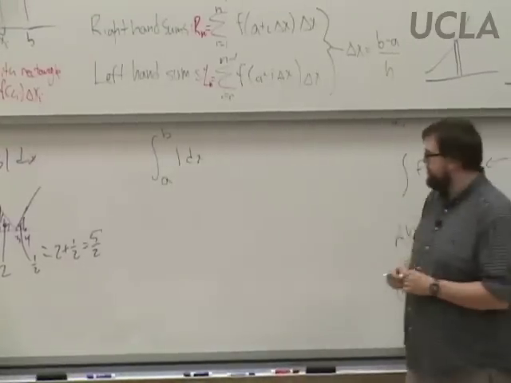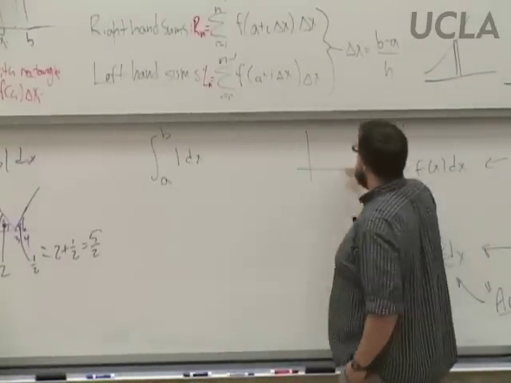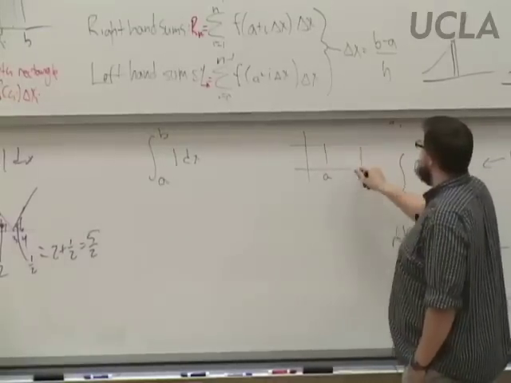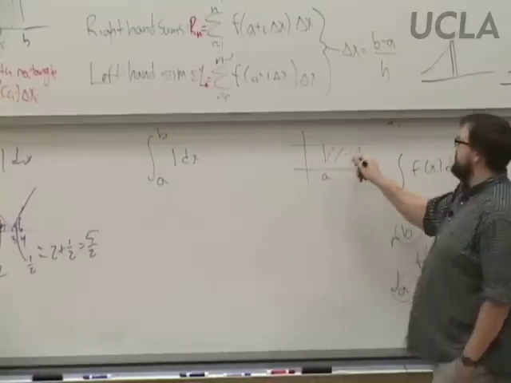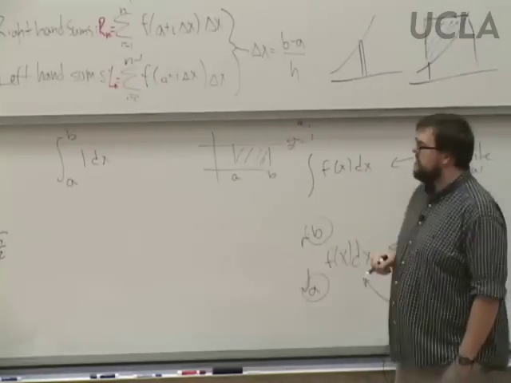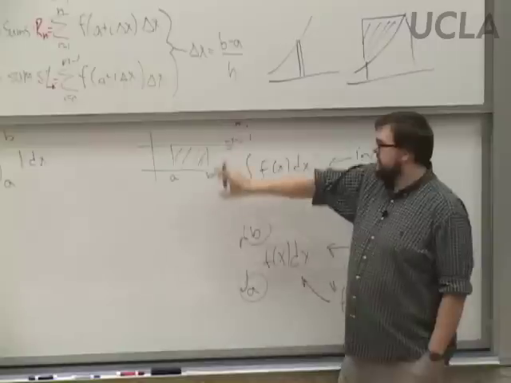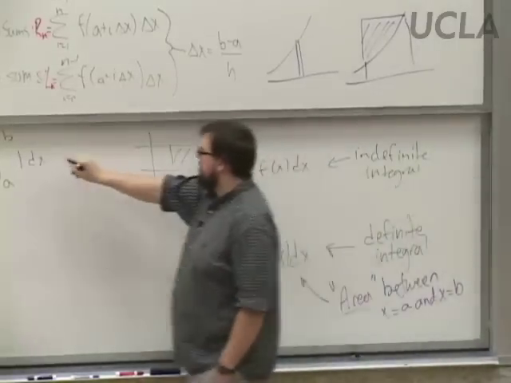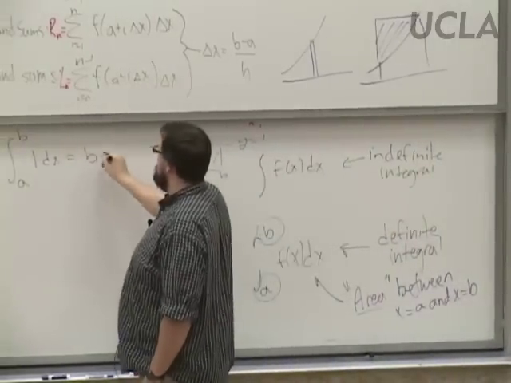What would that be? So picture here, I have the line y equals 1. I go from a to b, and I want this area. So it's a rectangle. Base is b minus a. Height is 1. And so if this is finding the area, then the area is b minus a.